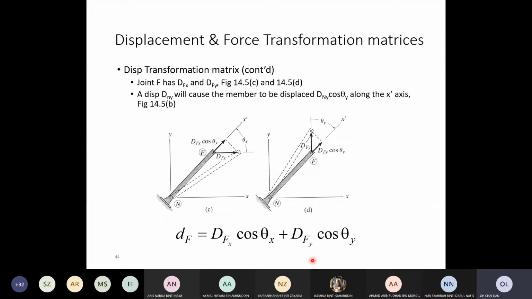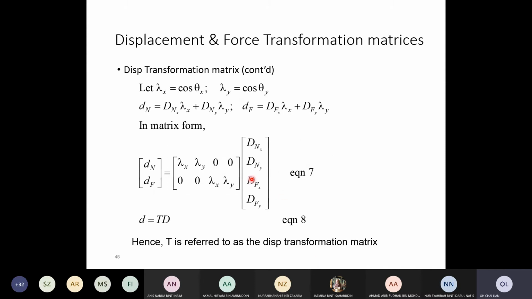Similarly you can get the far end, the relations between the displacement at local and the global. If you put it in matrix form, you will see that you have the local, which is the displacement transformation matrix multiplied with the global. Once we solve for the unknown displacement, that unknown displacement is at the global coordinates.